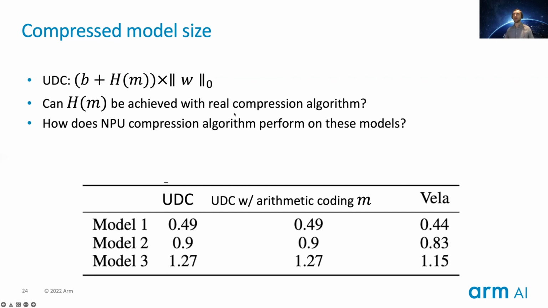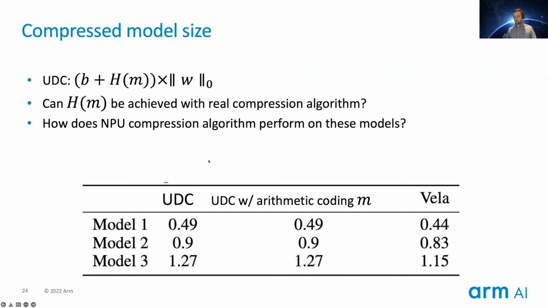But that doesn't account for any further compression you could do of the non-zeros, which something like Vela can actually take advantage of. That's why the models that Vela produces are smaller than the models that we predict the compression algorithm would be able to achieve.